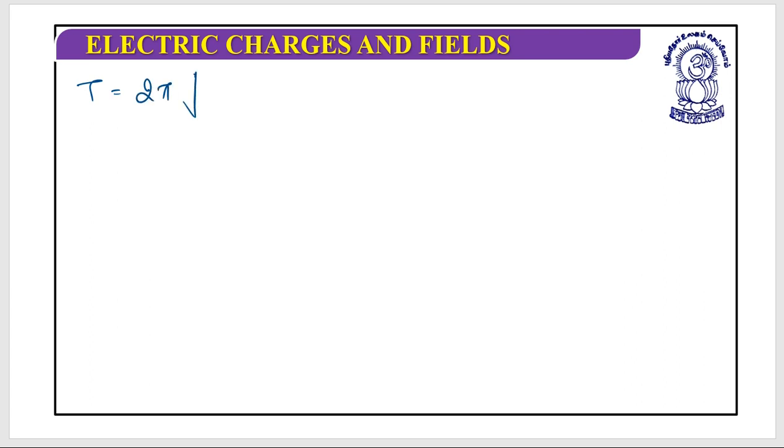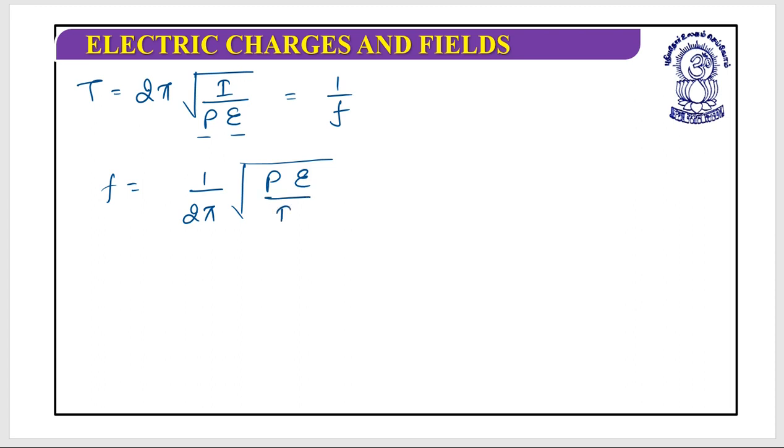It would be T is equal to 2 pi under root of I divided by p into E. This is the time period of angular SHM. Here you require a frequency, so this is 1 by T. So f is equal to 1 by 2 pi under root of p into E divided by I.